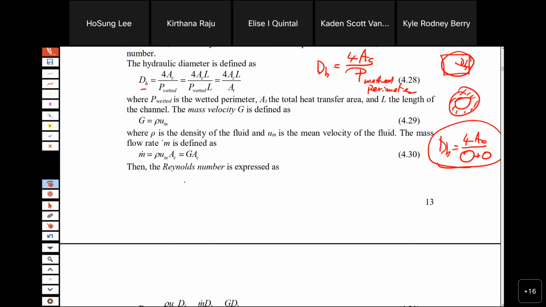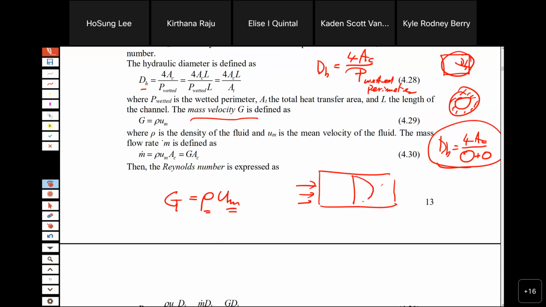And here in heat exchangers, they use a mass velocity. The mass velocity is nothing more than density times velocity, usually the mean velocity, because the velocity is complicated. Fully developed flow velocity is something parabolic.